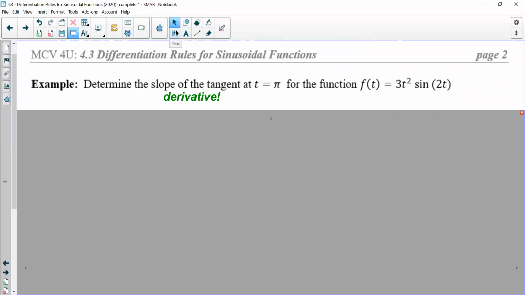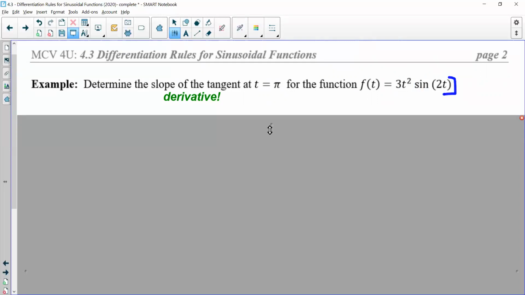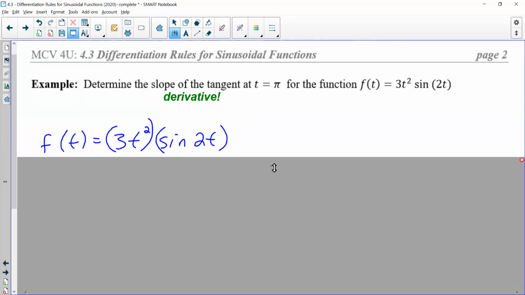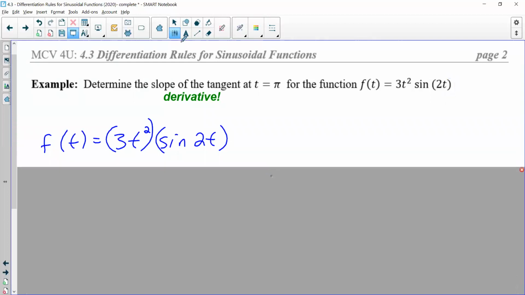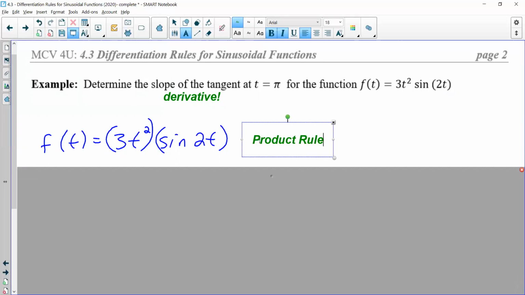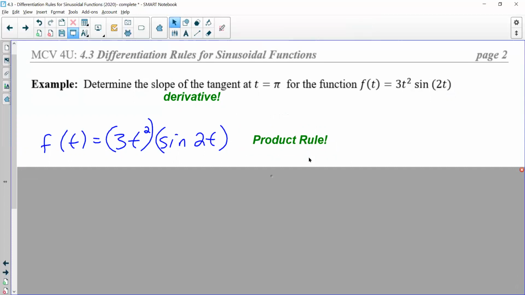So again, let's take a look here. You have the variable t here, but then there's a separate function with the variable t in it as well. So what rule do you think applies? Correct. It would be your product rule. So this is where you're going to have to use product rule to complete this derivative.